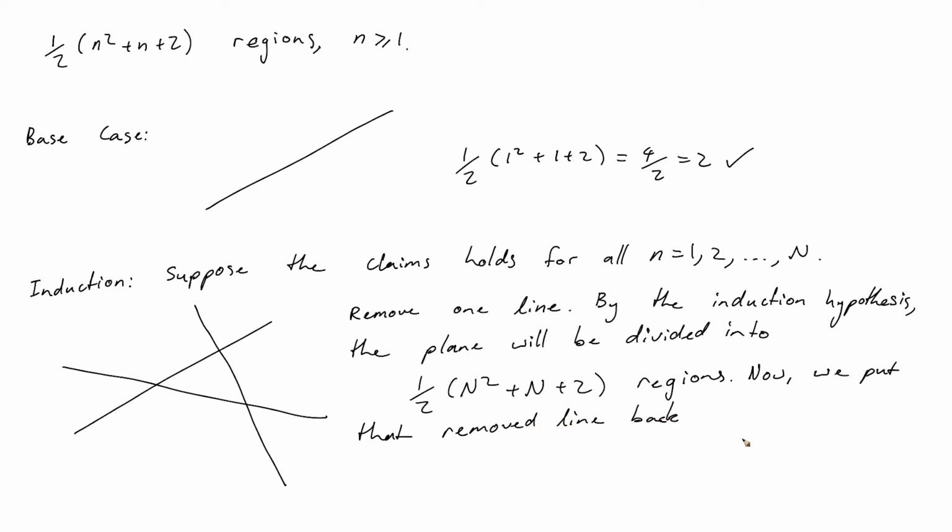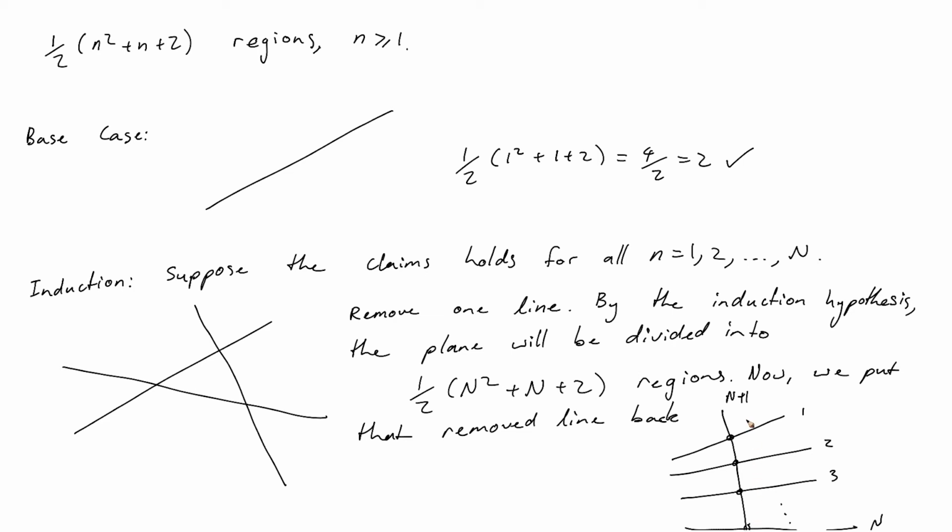And what's going to happen is we have already these N lines. So let's see if I can try to fit them in here. So, maybe this is line 1, this is line 2, this is line 3, this is line capital N. And when we put this new line back, say this line here, N plus 1, well, what's it doing? It's going to intersect with these lines N times, okay?